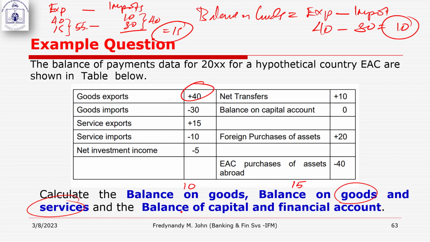Last, balance of capital and financial account. Now, the balance of capital and financial account will be the difference between the inflow of funds and the outflow of funds. Here we need to examine the capital account.